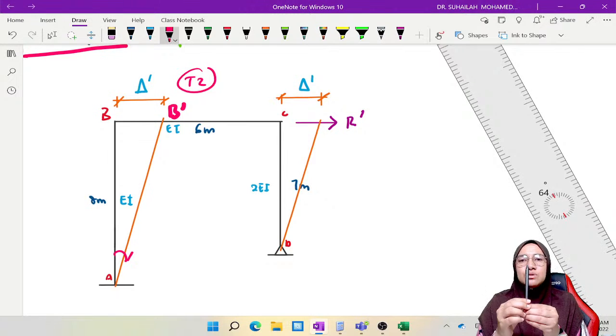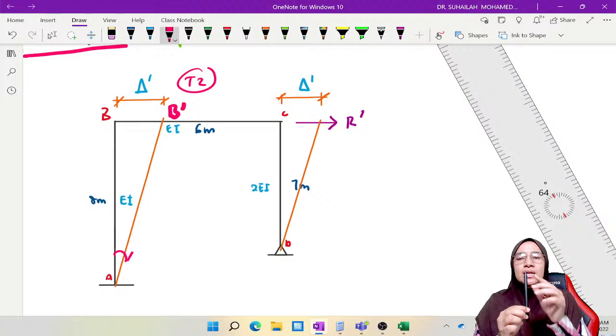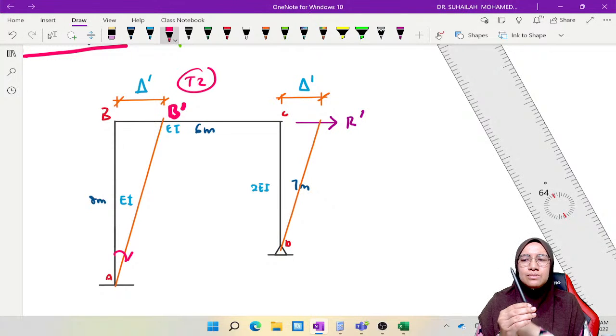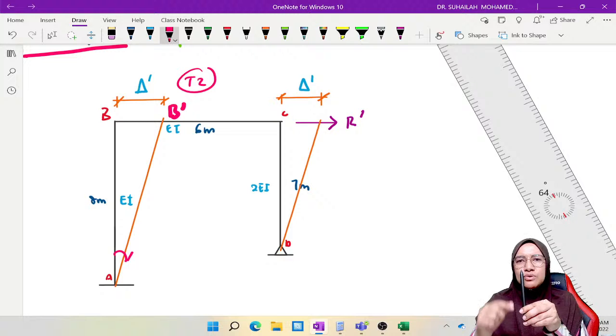Same goes to the other side. This is the straight position, and this is the new position. The original position is vertical, and if it is moved to the other side, FEM will push it back to its original position. It is counter back.